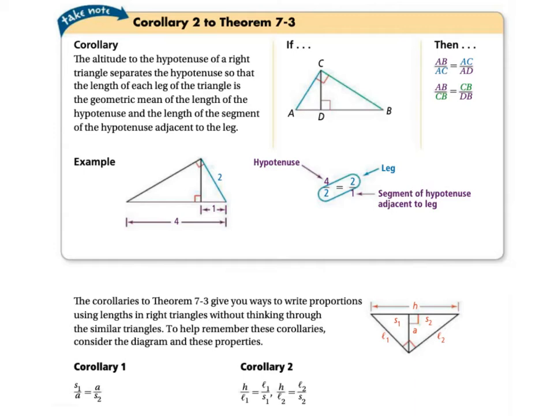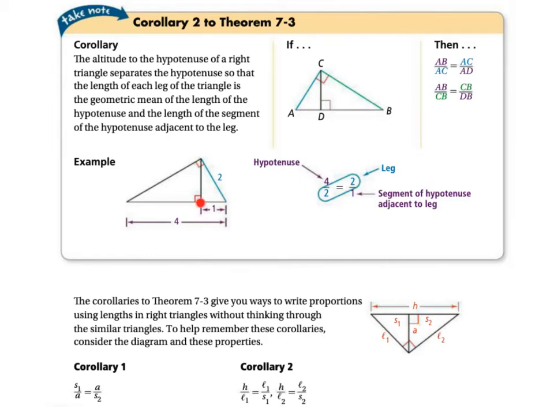Okay, so with this corollary, it's easy to get confused. I'm going to try and just sum it up for you. If you take the large triangle's hypotenuse, in this case 4, times one of the two segments that's formed by the altitude, in this case 1, you multiply them together, 4 times 1, that's going to be equal to that same side squared.